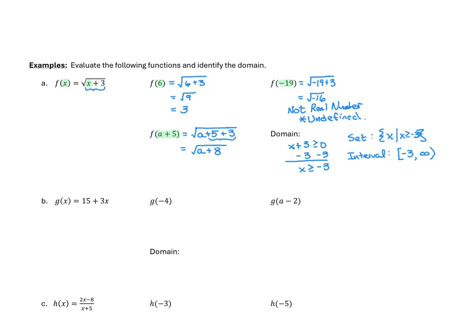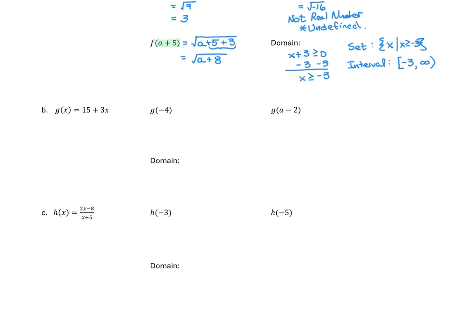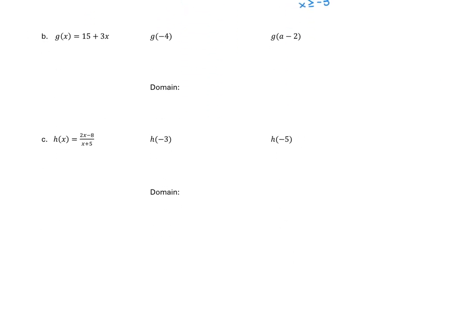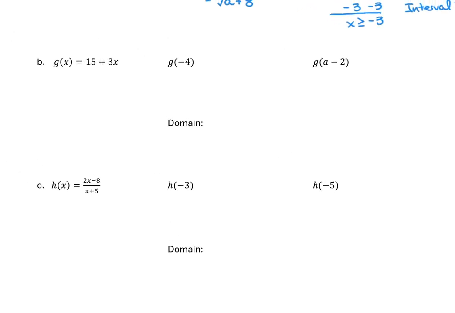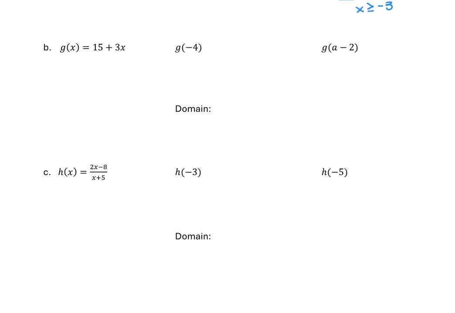All right, let's look at a couple more. Okay, if we come to example B, let's start by evaluating for g of -4. So again, remember, we're going to plug in the -4 for x, and wherever we see an x, we replace it with a -4.